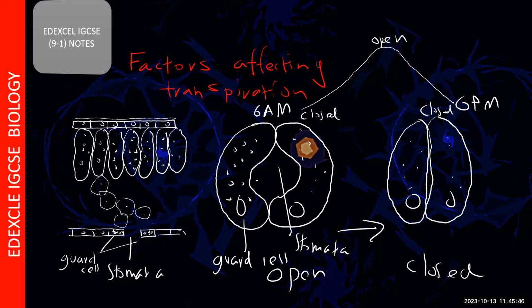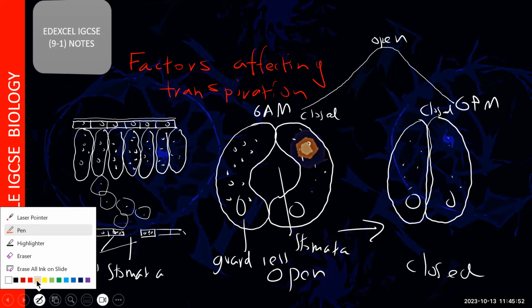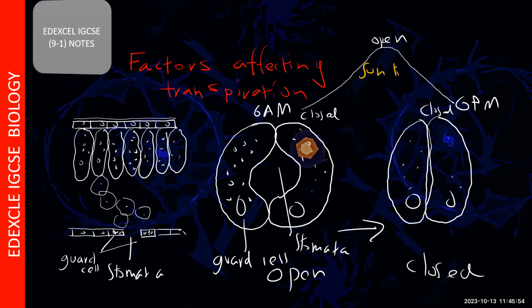Now, why does this happen? Because during the day, when the sunlight is very high in the middle, the photosynthesis is at a maximum level. One of the important things is, here is the xylem and phloem, this is xylem, this is phloem.